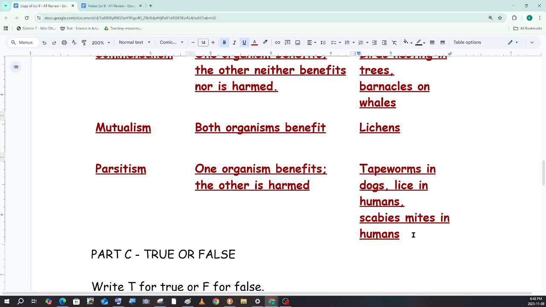And in the third case, similar to the lice, scabies mites are these disgusting little creatures that actually burrow into human skin, and they steal nutrients from, I believe, the bloodstream, or they might just eat skin cells. I can't remember off the top of my head, but either way, they are taking stuff away from their human host, and the human is suffering in the process with very irritated, itchy skin.